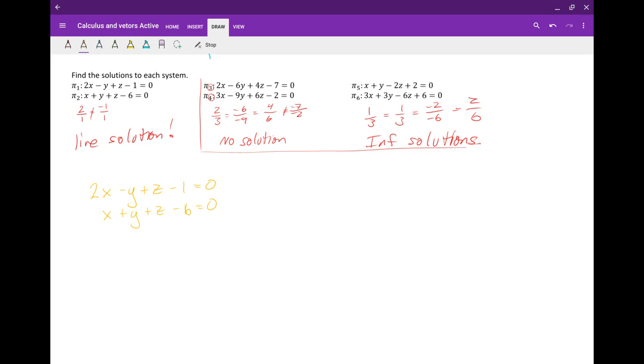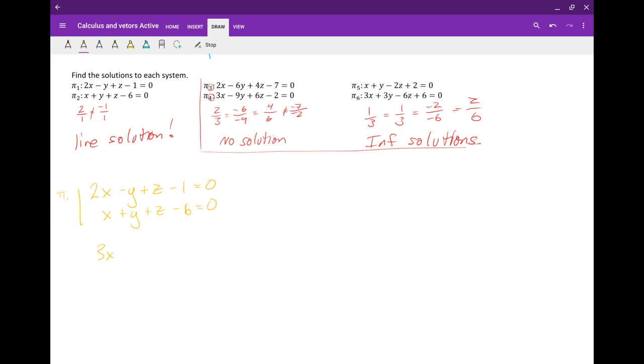And what I'm going to do is use the elimination technique. So I'm going to go ahead and add these planes to each other. Okay. What's going to happen is I'm going to eliminate a variable. You see this variable y? If I add this plane and this plane, I'm going to get 2x plus x, or 3x.